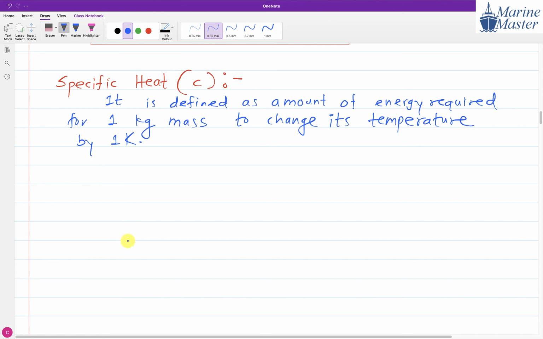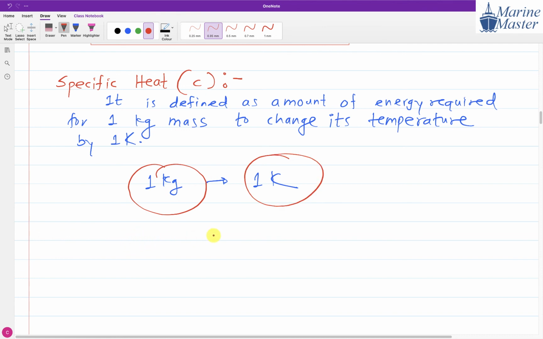So what is meant by specific heat? We have a 1 kg mass, and if we want to change its temperature by 1 Kelvin, then that amount of energy we will call the specific heat.